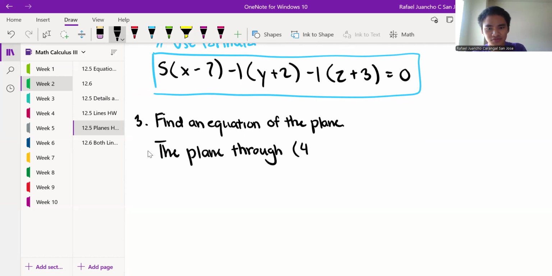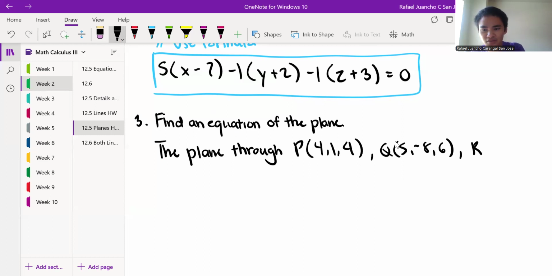It passes through this point 5, -8, 6. I'm going to name it, point P. Then let's say the other one is Q, and the other is R. So the points are P, Q, R.